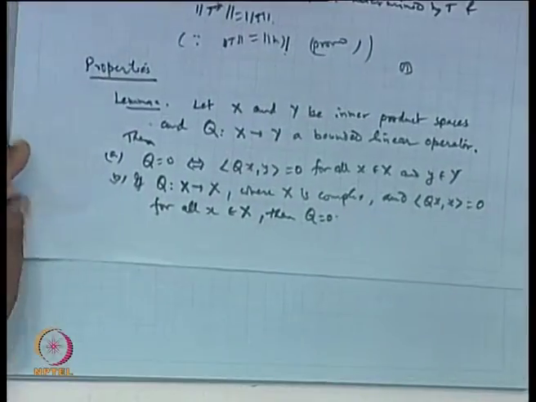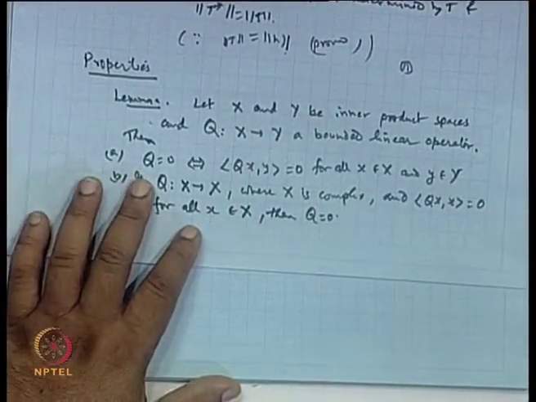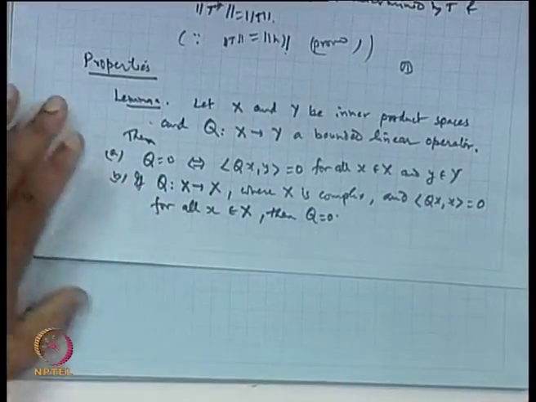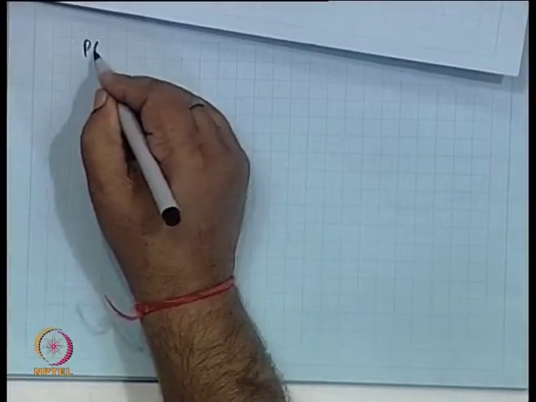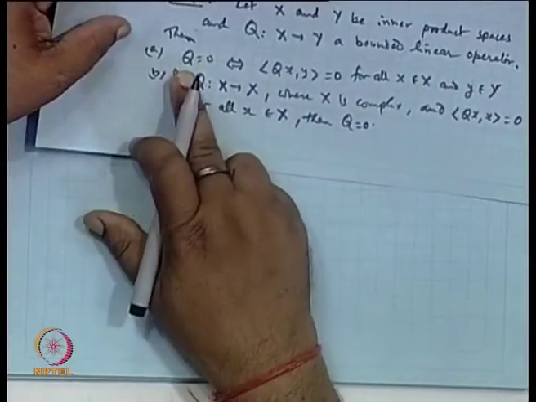So, the first is of course very simple, because if we look at the proof for the first, then what is given is Q is 0.